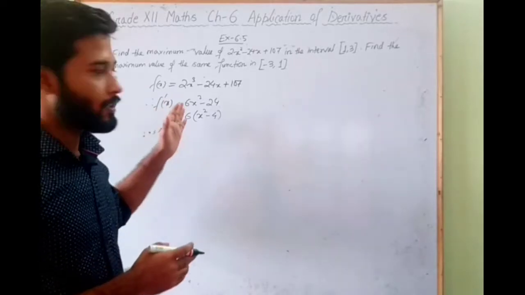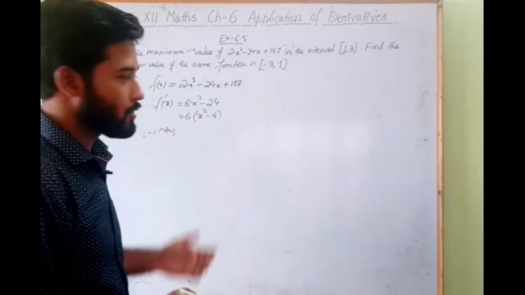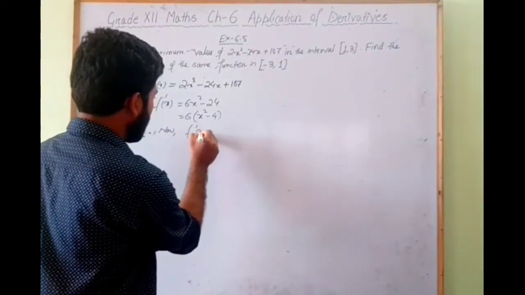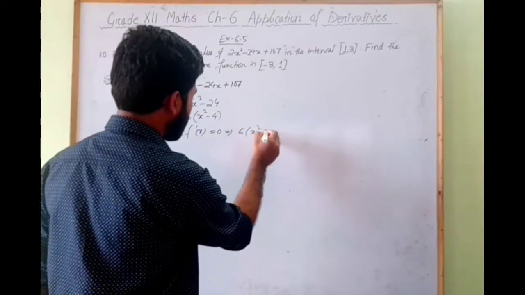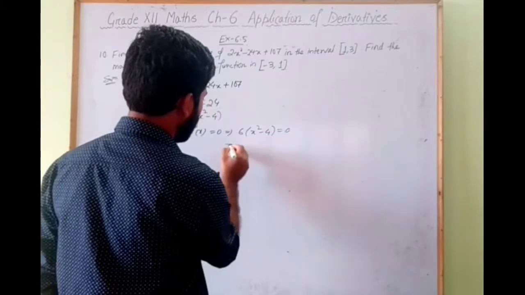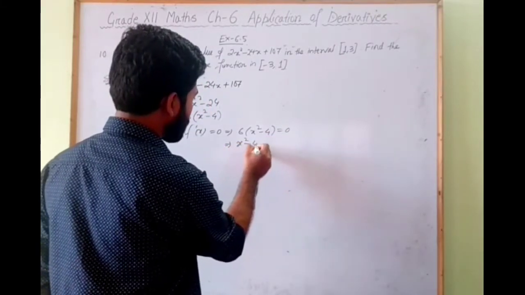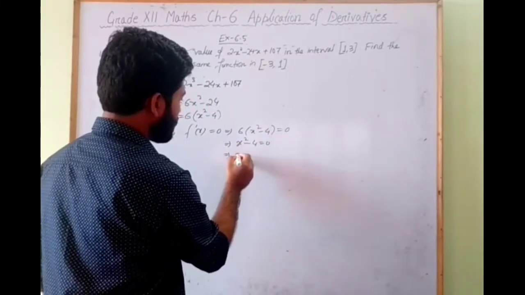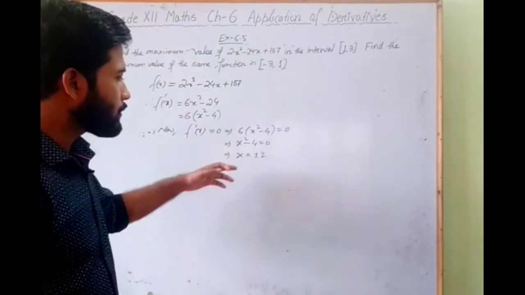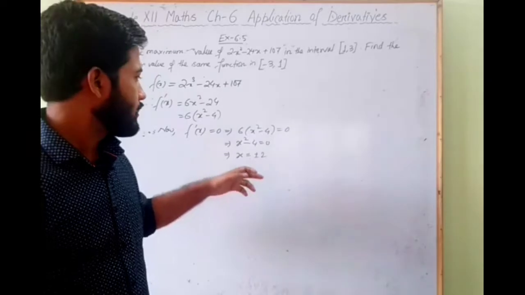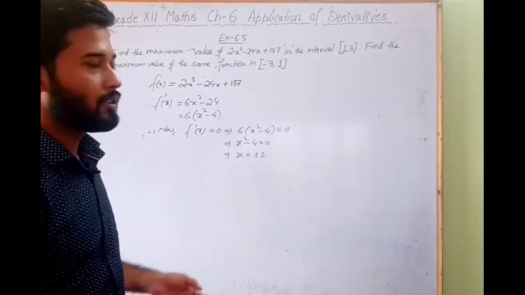Equate the first derivative to 0 to find the critical points. Now f dash is equal to 0 will imply 6 into x square minus 4 is equal to 0, and from there we get x square minus 4 is equal to 0, which in turn will give us x equal to plus minus 2.